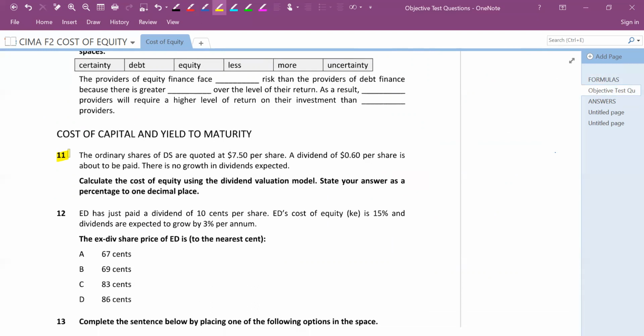Now, this question says calculate the cost of equity using the DVM, the dividend valuation model. State your answer as a percentage to 1 decimal place. So in the exam, you will have to enter your answer into a box. And hopefully, of course, that is the right answer, and the computer can recognize that it is the right answer.